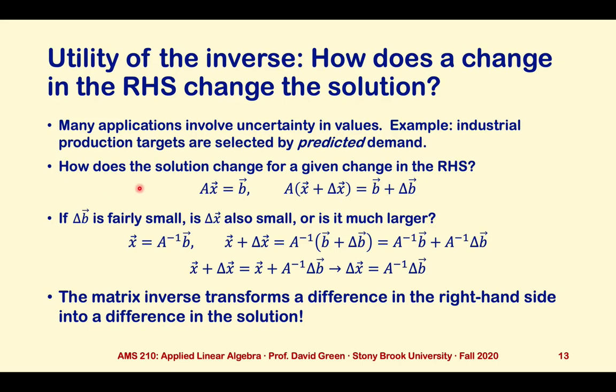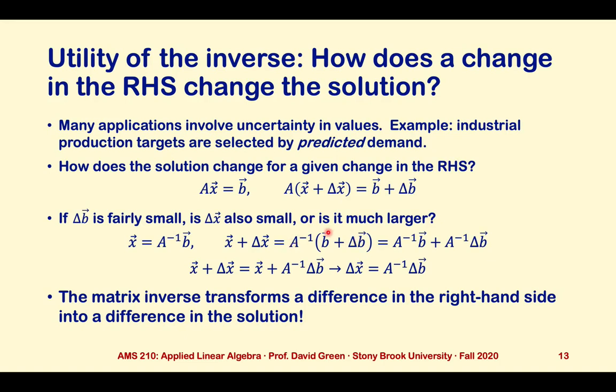How does this play out with the matrix inverse? Well, for this first system, if A has an inverse, if A is non-singular, then x equals A inverse b. How would we solve this system? We would multiply both sides by A inverse. x plus delta x is A inverse times b plus delta b.